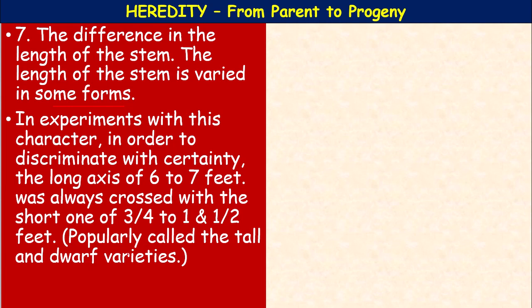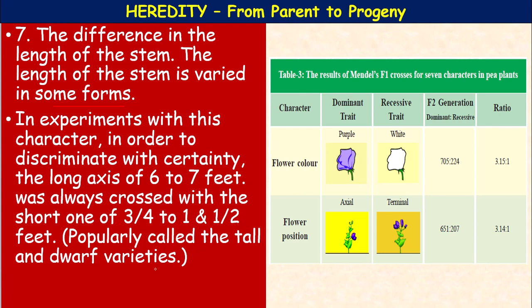These are popularly called the tall and dwarf varieties. As I say, there are dominant alleles. Allele means characters. Here we come across the results of Mendel's F1 crosses for 7 characters in the pea plant. What are they?